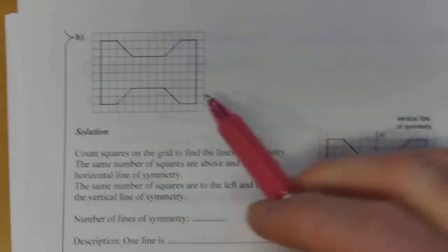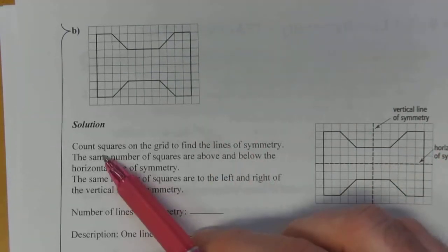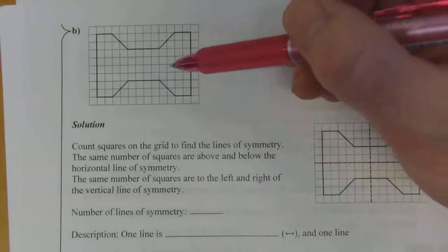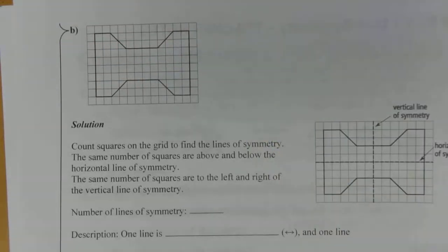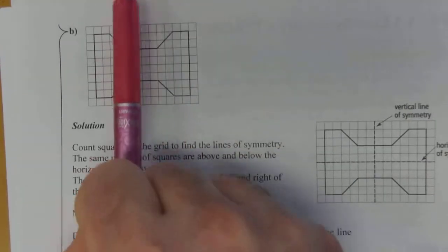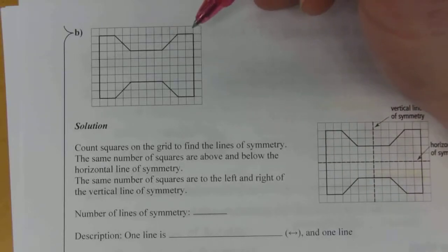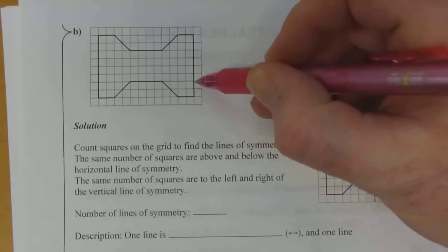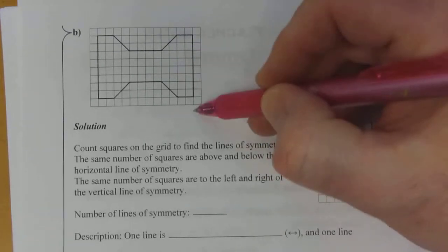New shape, sort of an hourglass on its side. So you can count squares on the grid to find your lines of symmetry. So you probably recognize that, again, it's a horizontal line of symmetry, but there is also a vertical line of symmetry. You need to try and find the middle of the shape to be able to figure that out. So let's start here. There's 1, 2, 3, 4, 5, 6, 7, 8 boxes used for the height.